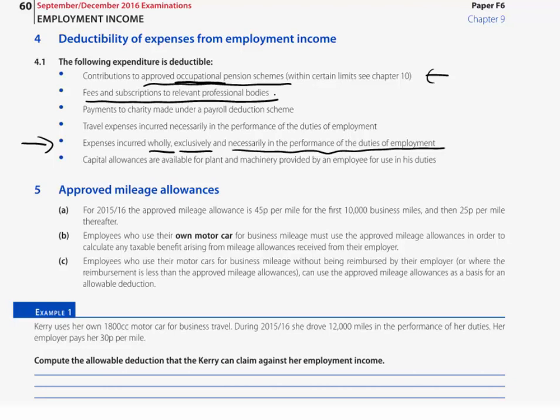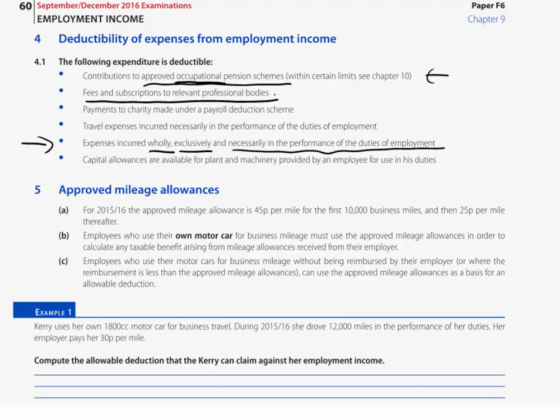The subscription that you pay will be an allowable deduction against your employment income if you are working as an employee, performing an accounting role. So fees and subscriptions to relevant professional bodies, relevant, that is, to the employment that you have, the work that you do.